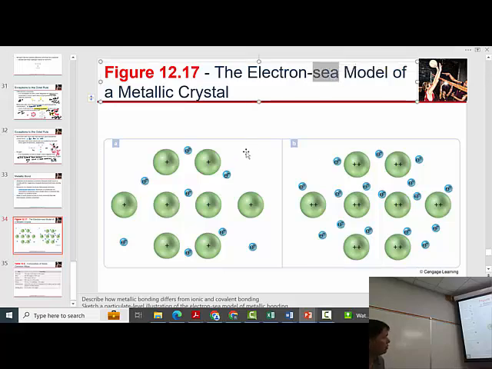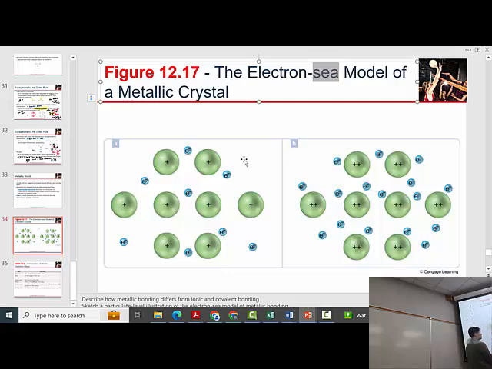And so the ocean is delocalized. That is, this electron doesn't belong just to this nucleus. This electron can move wherever it wants. That's called delocalization. If this electron were fixed onto this atom and it couldn't move, then that's called localized. The electrons are delocalized throughout the entire structure.